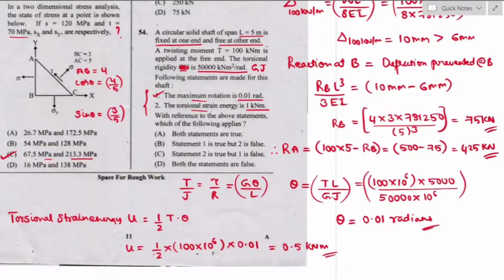The second statement gives 1 kN meter, and we got the torsional strain energy as 0.5 kN meter. So the first statement is true, the second statement is false. With reference to the above statements, the right answer will be option B. Statement 1 is true and statement 2 is false.